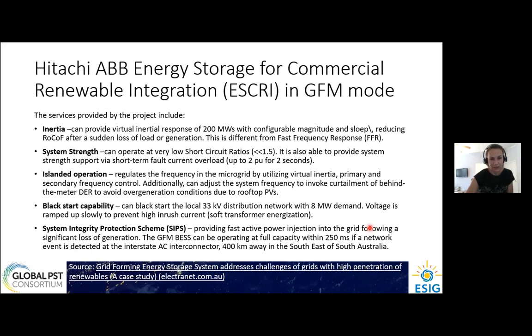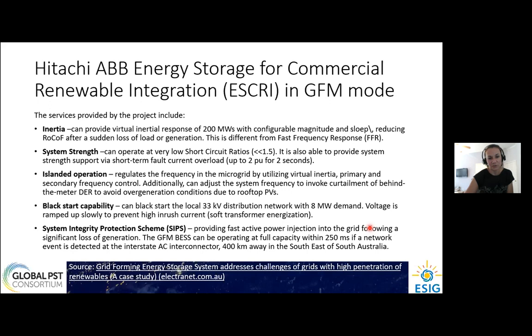It has black start capability, so it can start a local 33 kV distribution grid and 8 megawatt demand. And then voltage is ramped up slowly to prevent inrush currents. Again, the soft start is used, and then it's connected with the rest of the grid. And it also participates in the system integrity protection scheme.